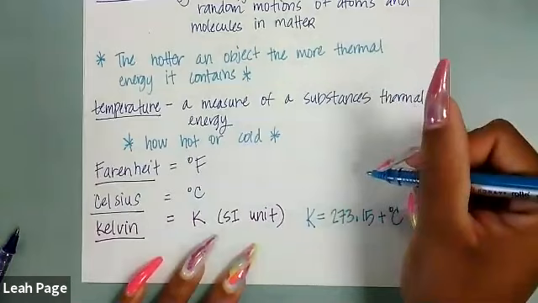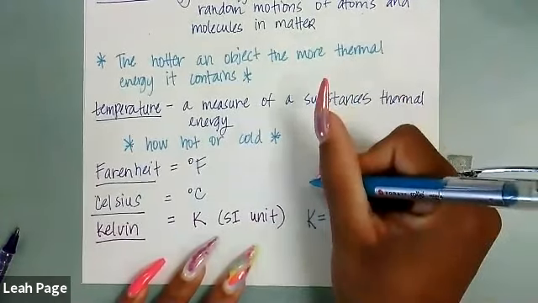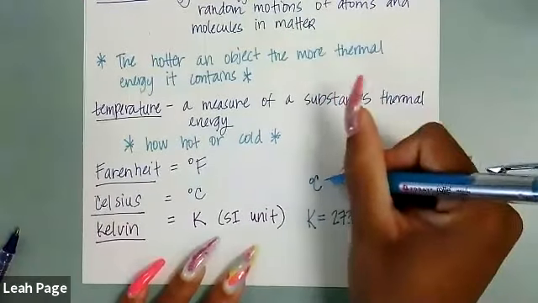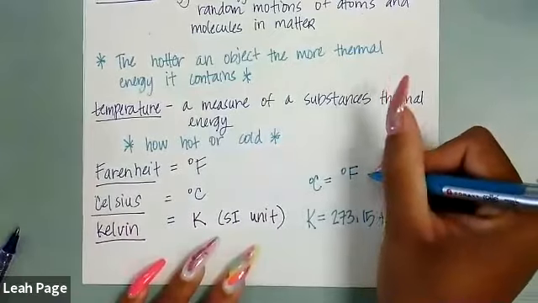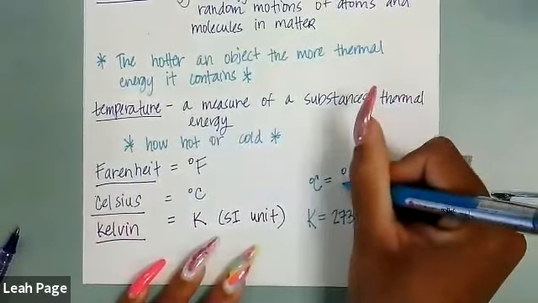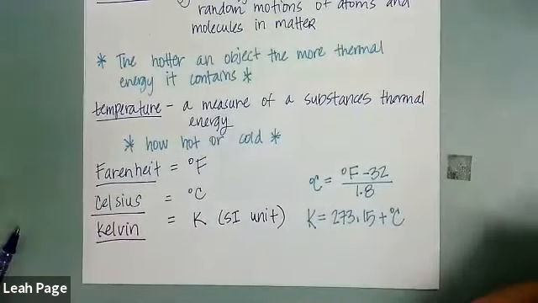The equation to go from degrees Fahrenheit to degrees Celsius: if you want to know the degrees Celsius, we'd say degrees Celsius is equal to degrees Fahrenheit minus 32 divided by 1.8. Sorry, Professor, for Kelvin, is that 273.15?